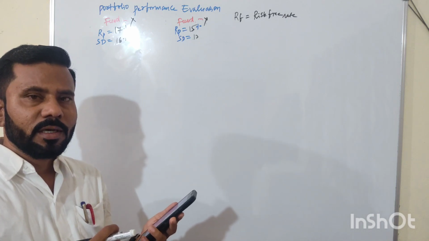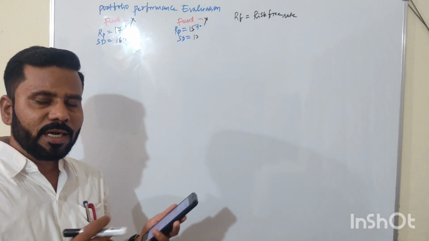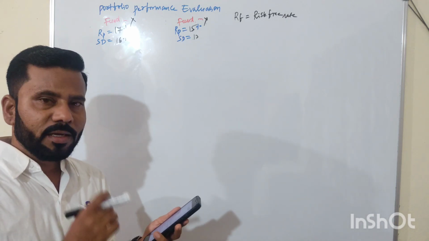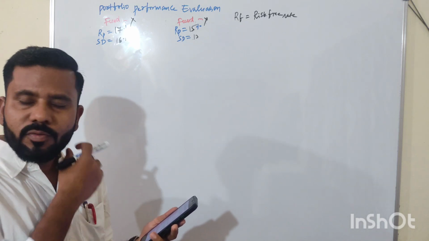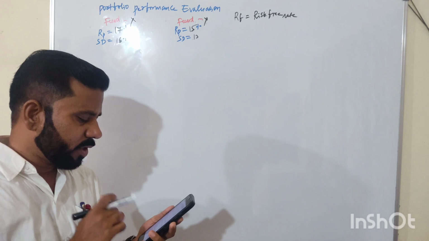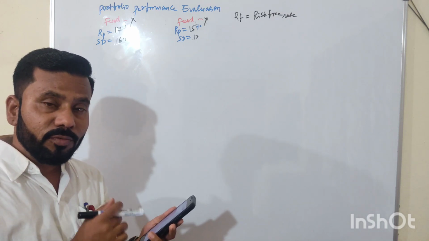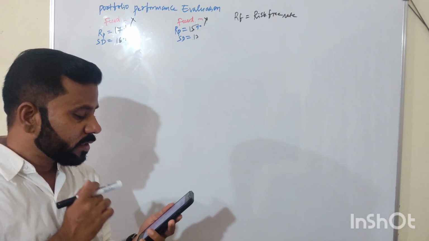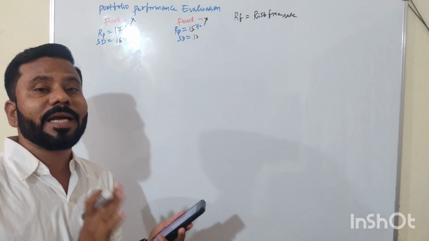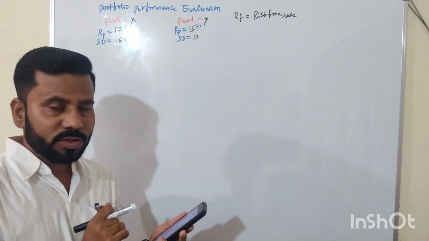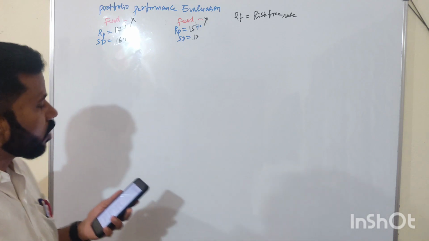How did I decide that we have to solve the Sharpe ratio only? See the given information. It is very clearly related to the Sharpe index. So that's why we have to find the Sharpe index.